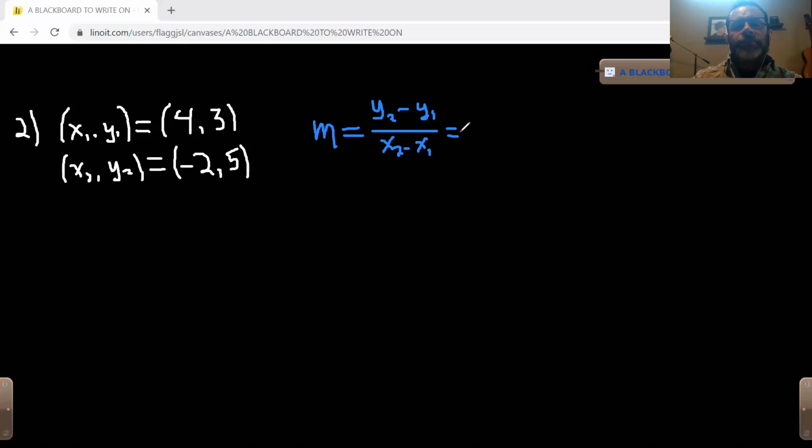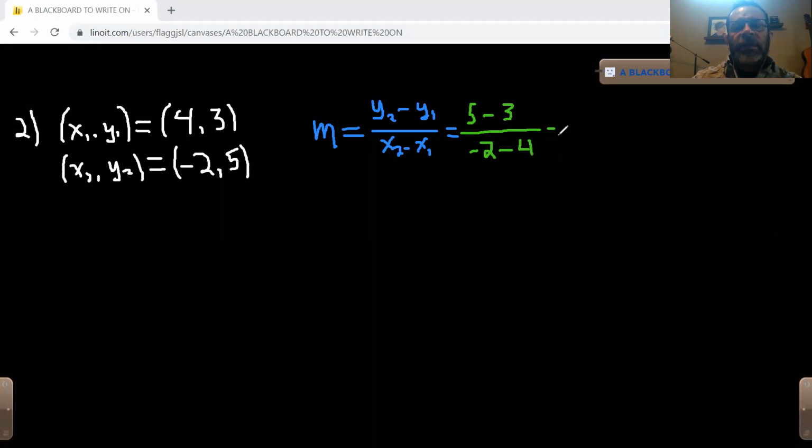Okay, so here we're going to have y2 minus y1, so it's 5 minus 3. And in the denominator, we're going to have x2, which is minus 2, minus 4.